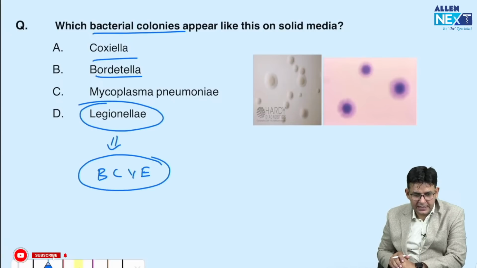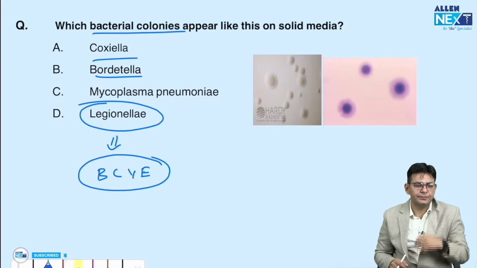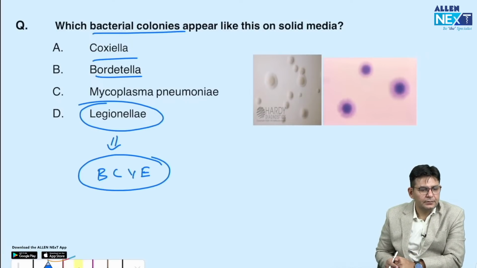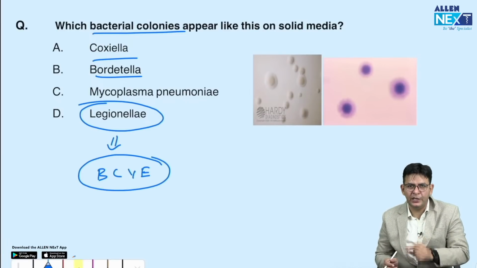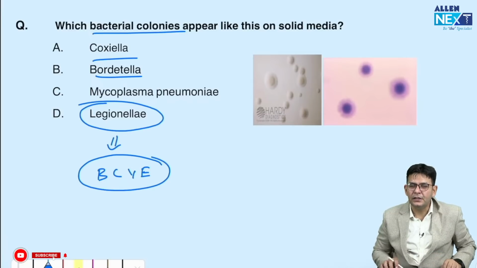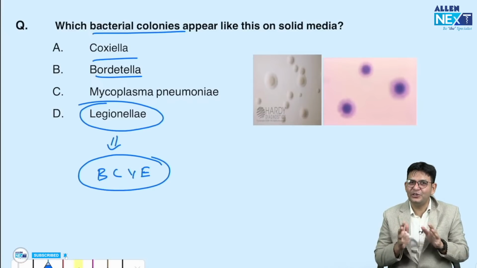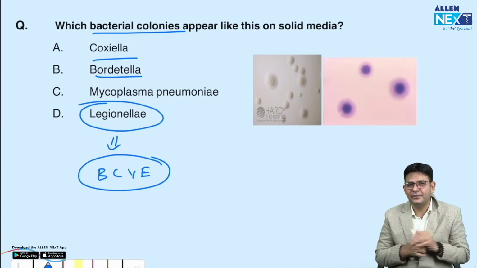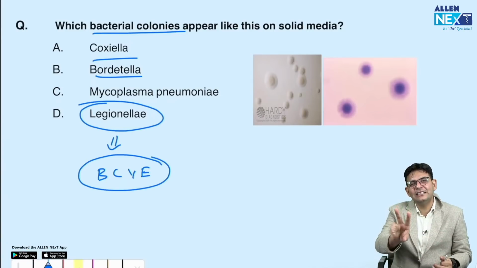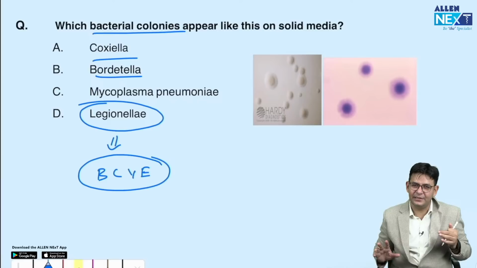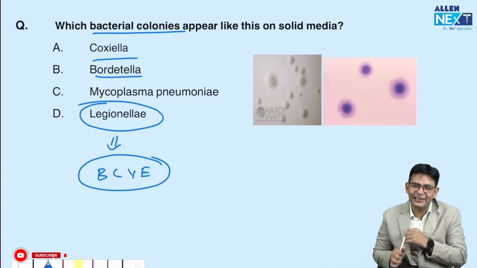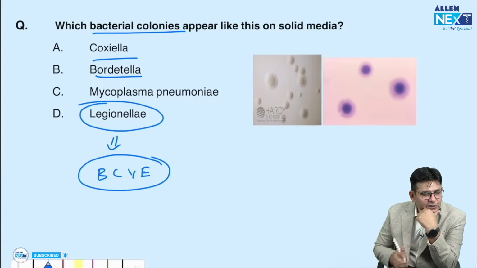BCYE is the culture media for Legionella, and again Arvind is telling us the drug of choice: for Legionella also, azithromycin. So if you don't understand anything, what should you put as the answer? Azithromycin. Two drugs are very famous: one is Azi and one is Doxy. Out of them you can take a guess, and for this also Azi is the answer.